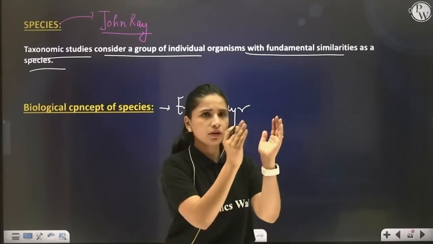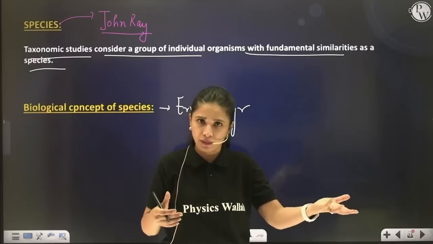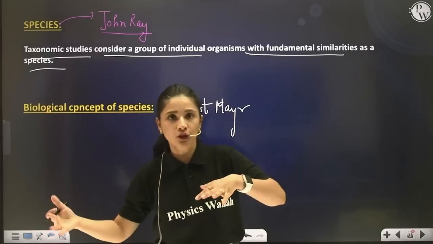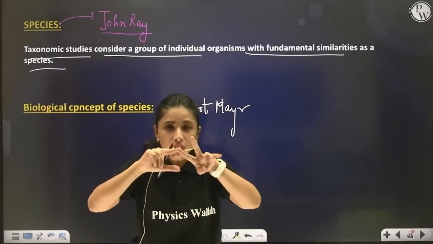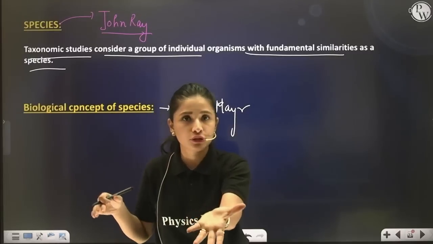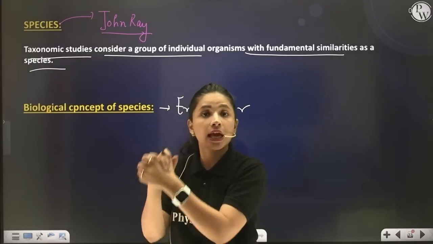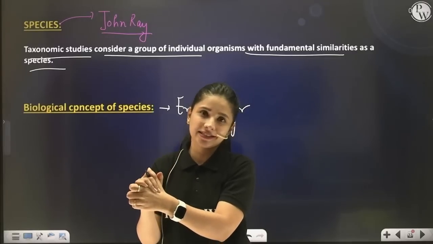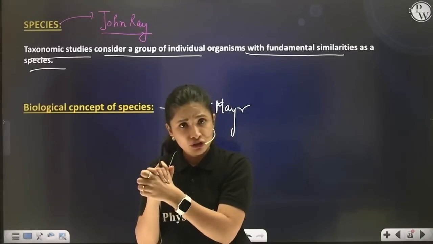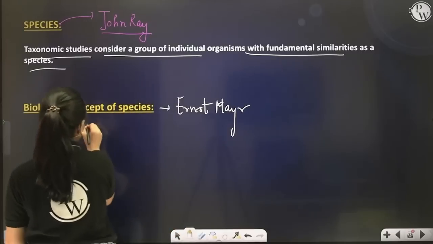For example, dog and dog, cat and cat, humans and humans. We are two different individuals, but we are able to interbreed and produce a third individual. So that is why we are kept in the same species. Right? So what is the biological concept of species according to Ernst Mayr?